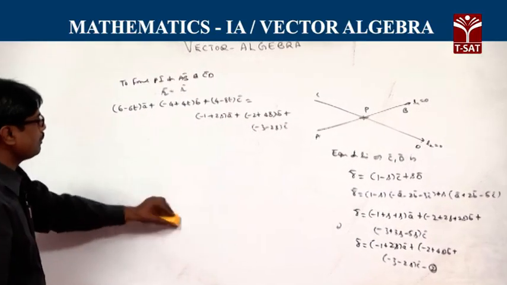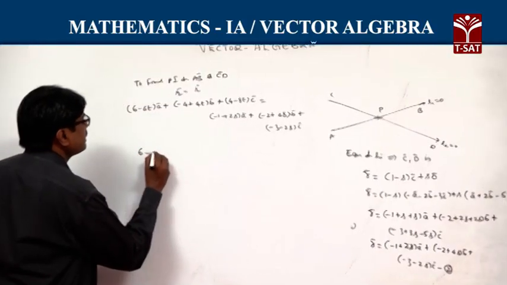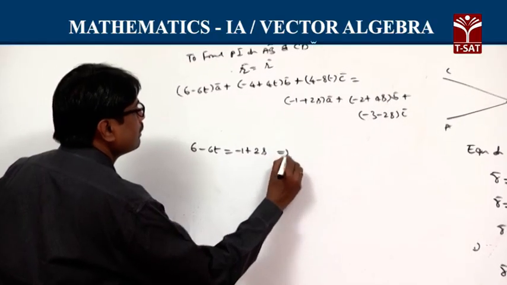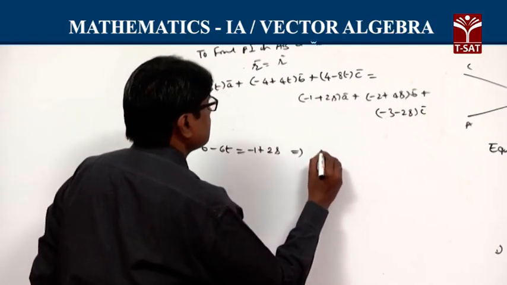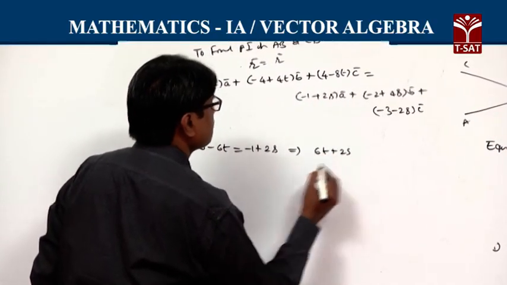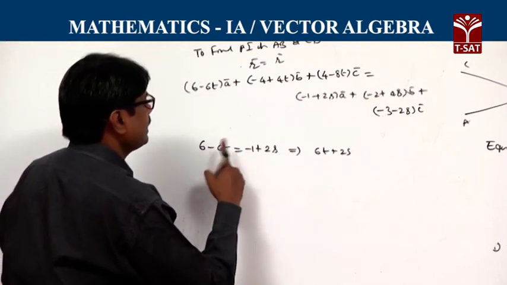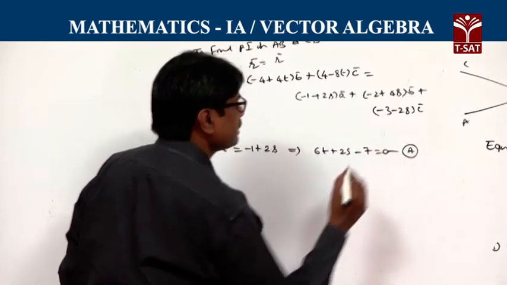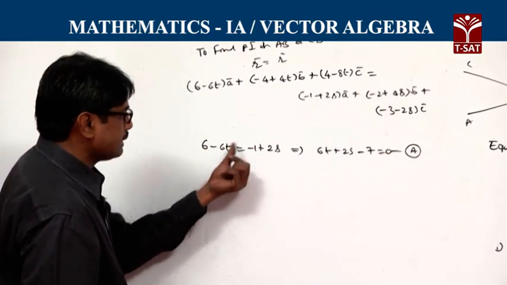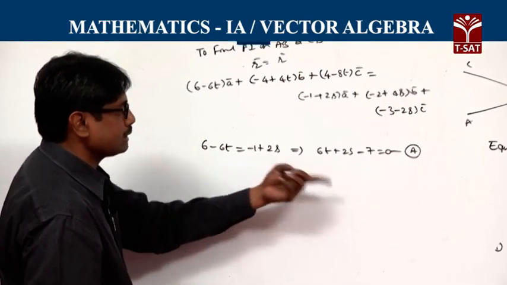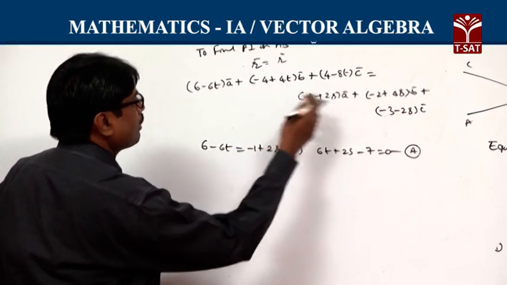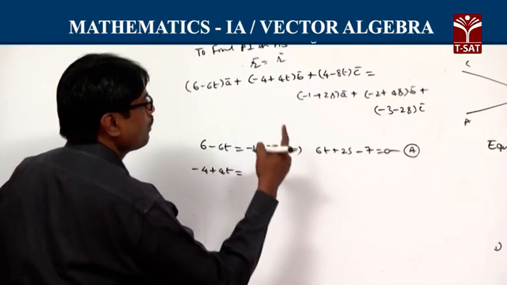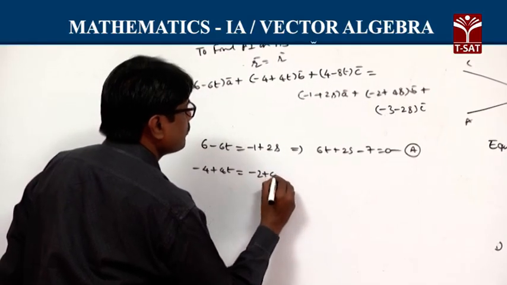Okay. So, it will be 6 minus 6t is equal to minus 1 plus 2s, that leads to 6t plus 2s minus 7 is equal to 0, call it equation A. B bar coefficient wise, minus 4 plus 4t is equal to minus 2 plus 4s.